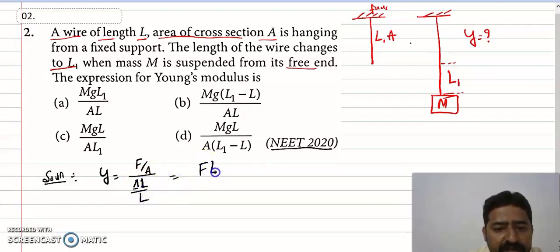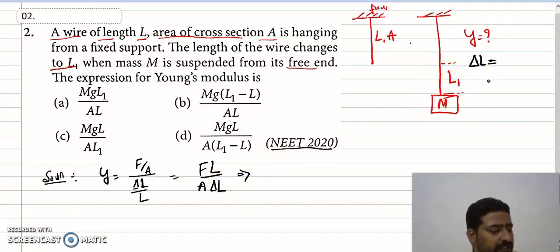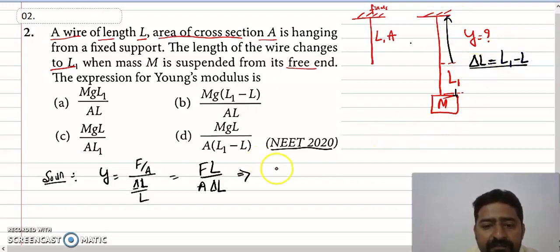That is FL divided by A into delta L. Now what is the change in the length? The change in the length is L1 minus L.